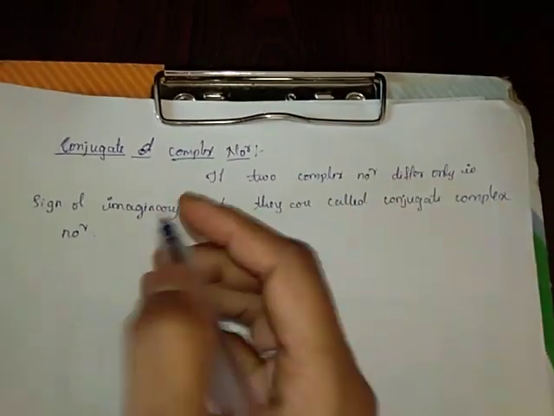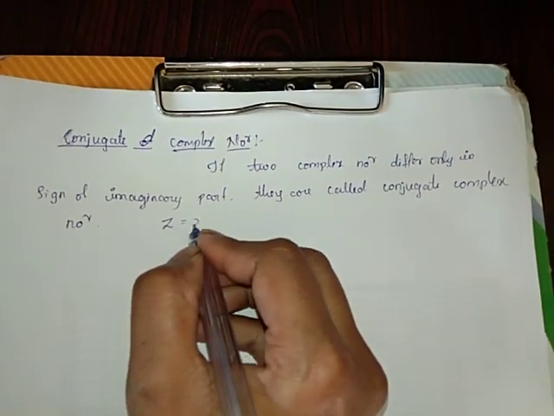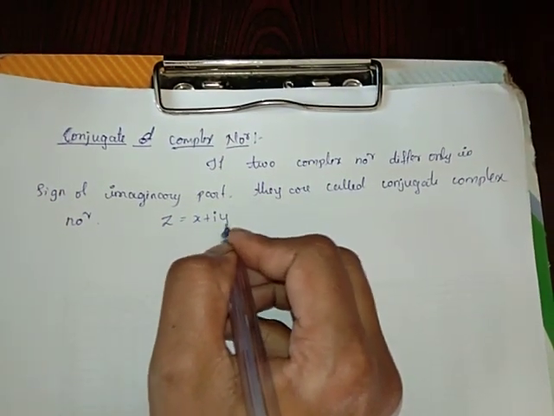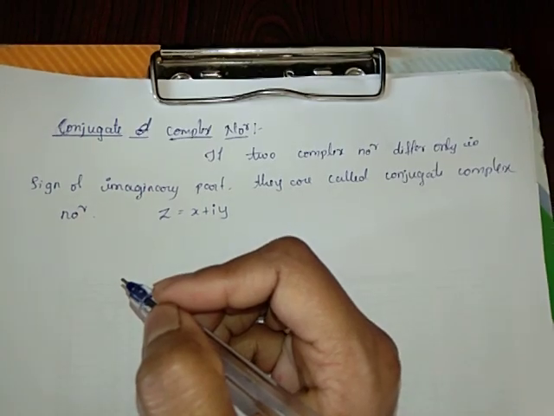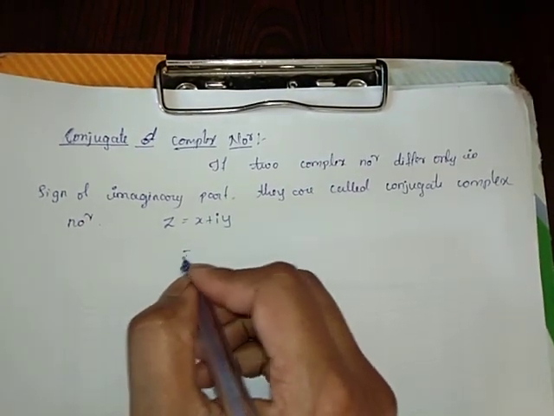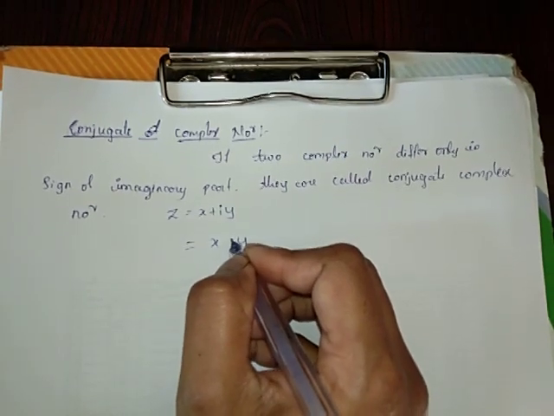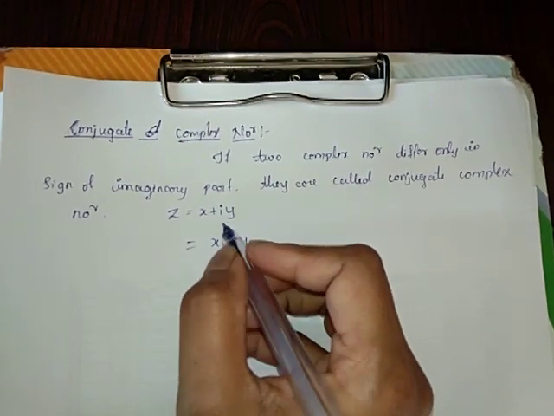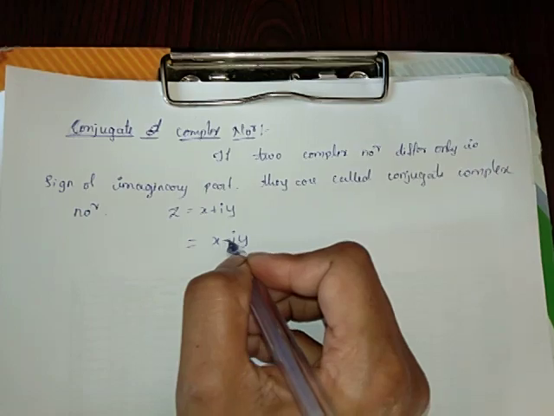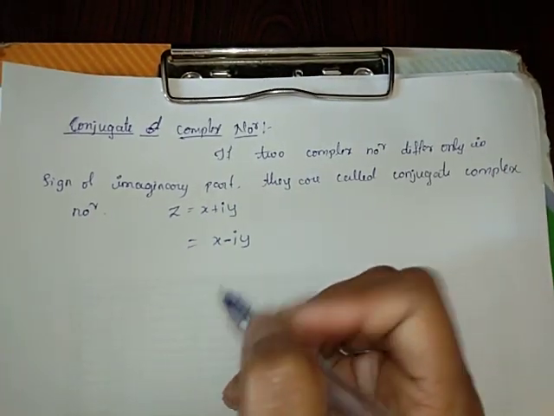For example, suppose z equal to x plus iy. Then another complex number which differs only in the sign of the imaginary part, means if it is plus then it becomes minus.